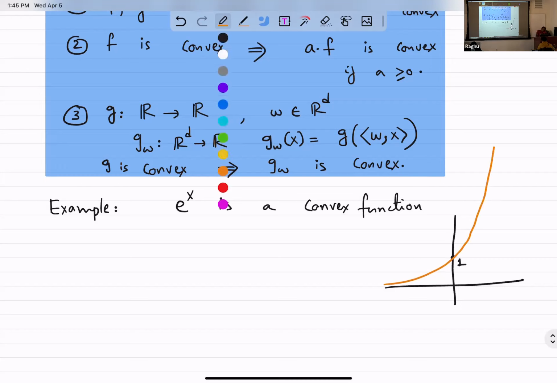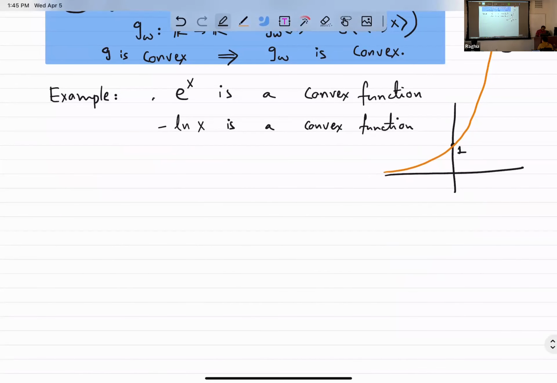Okay, so this is e to the x. You can check minus ln x is a convex function. Basically log is concave, so the negative is going to be convex. And x squared is a convex function.